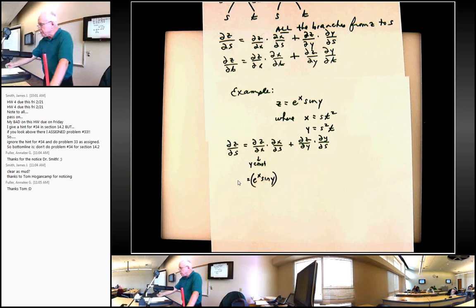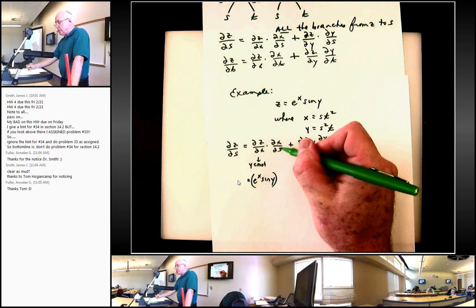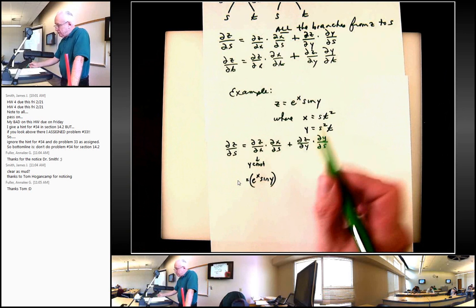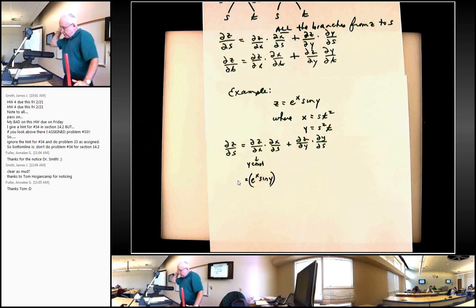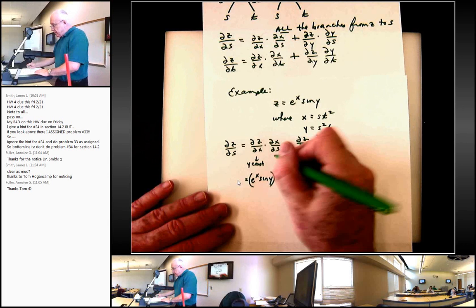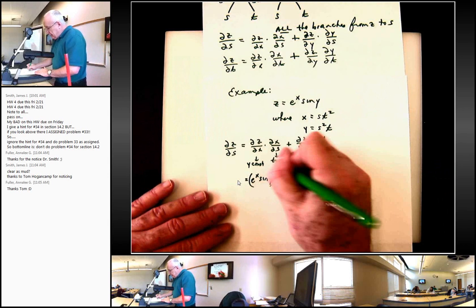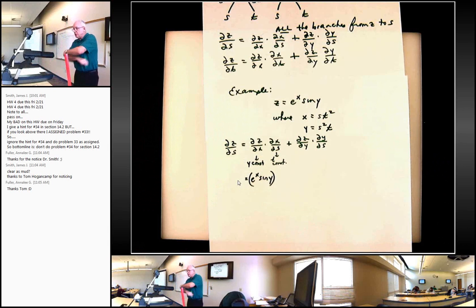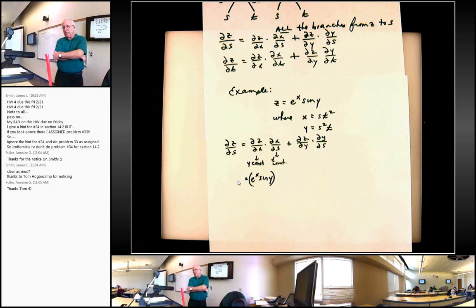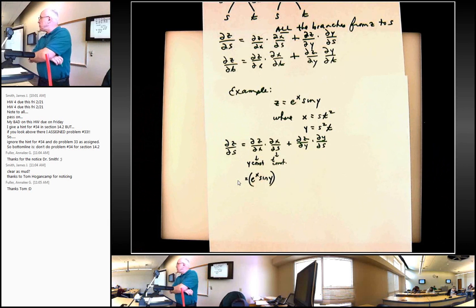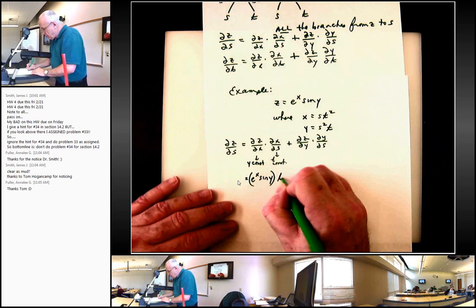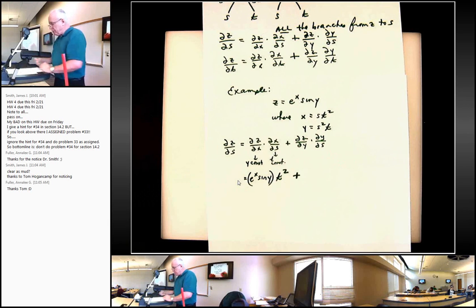Then let's go to the next component, ∂x/∂s. So here's our x is equal to s t squared. Now in this one, t is going to be constant. We're doing the derivative with respect to s, so that just becomes t squared. Then let's put our plus.